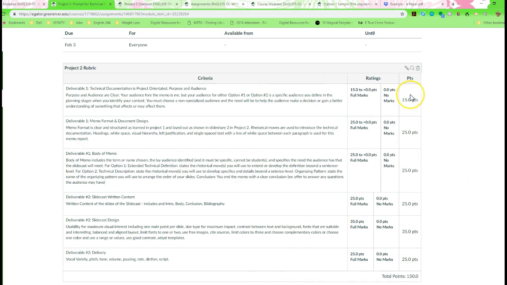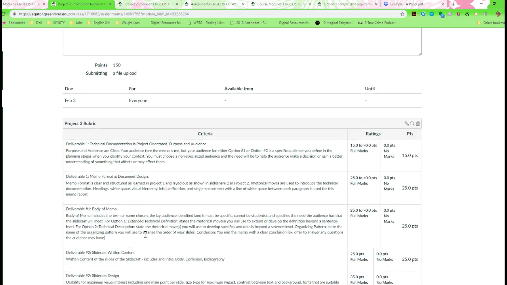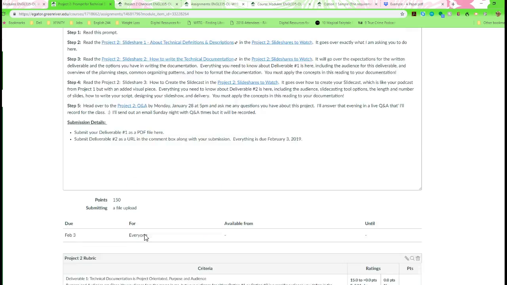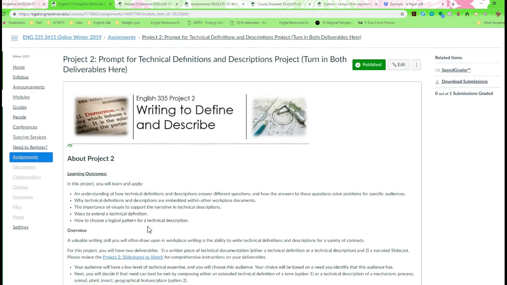I'm going to break down the ratings a little bit more, but this is the point breakdown for the 150 points total. The breakdown of the criteria that you can be scored on, so you'll know exactly what I'm grading you on. So that is the rubric. You can find it right here in the prompt.